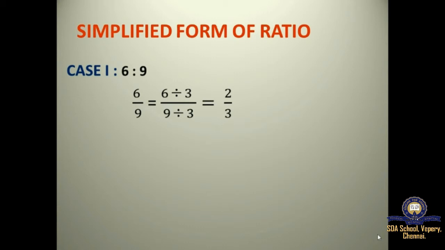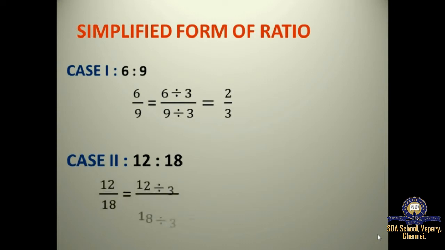Now we'll move to the second case, that is the 12:18 ratio, where the number of girls is 12 and the number of boys is 18. The simplified form of 12:18 is 12 by 18. Both 12 and 18 are divisible by 3.